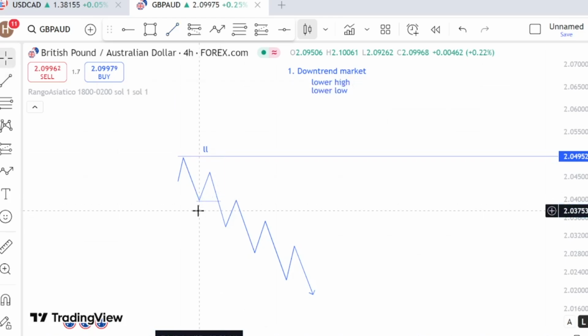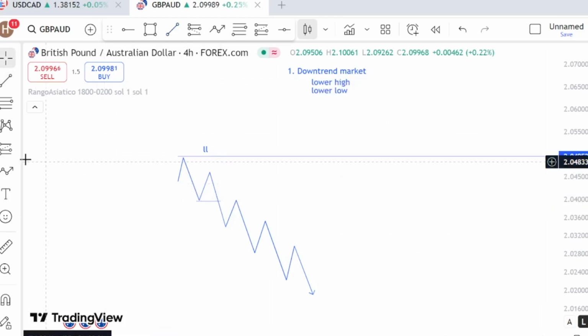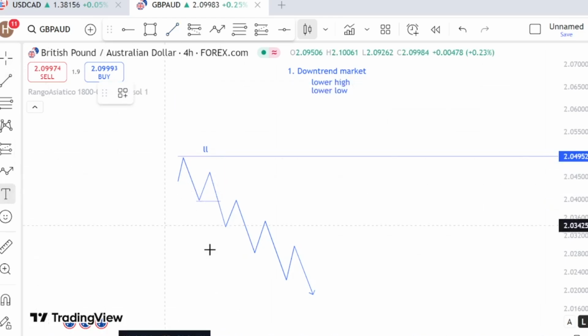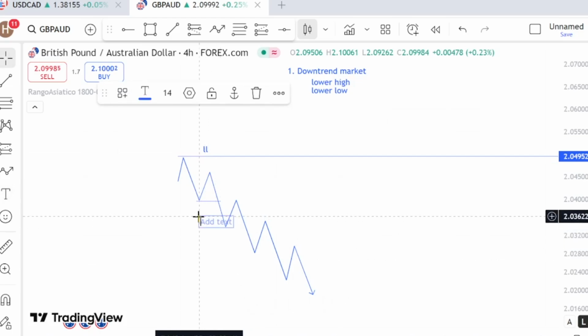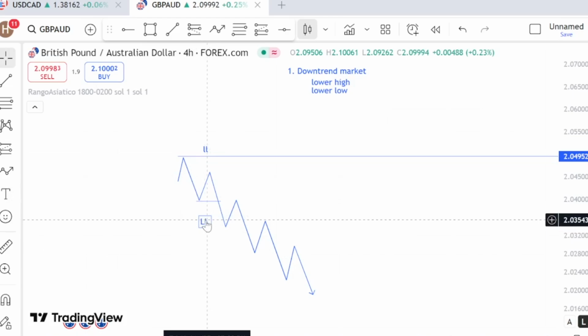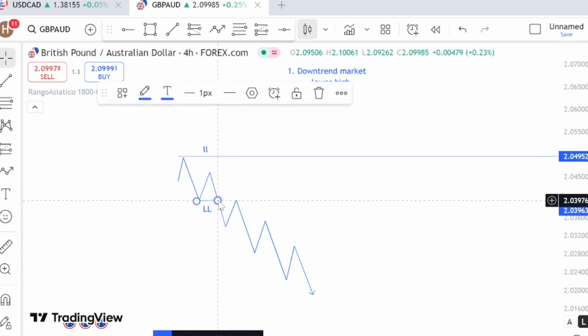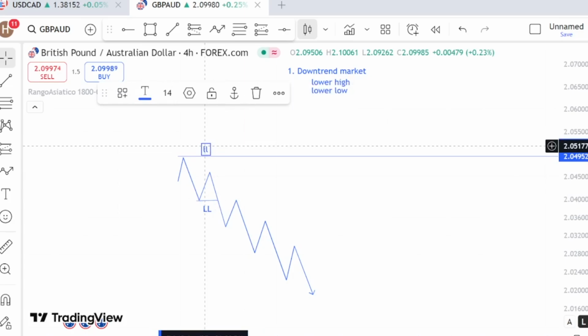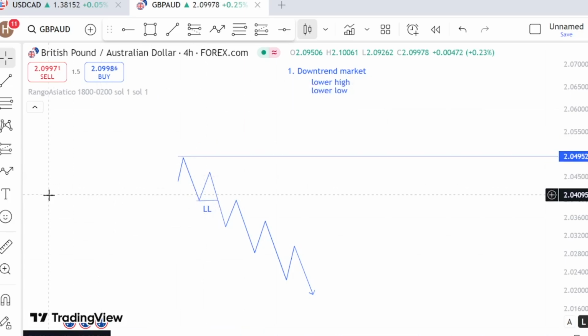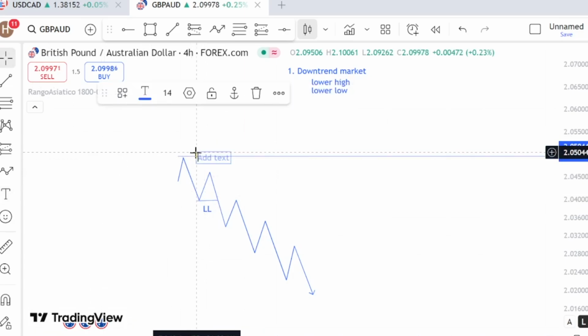I don't think I remember saying it in the last video for the uptrend. But it's called lower low or structural point. We also have a structural point for the uptrend. Oh, sorry, this was a mistake. That is not lower low, that is lower high.